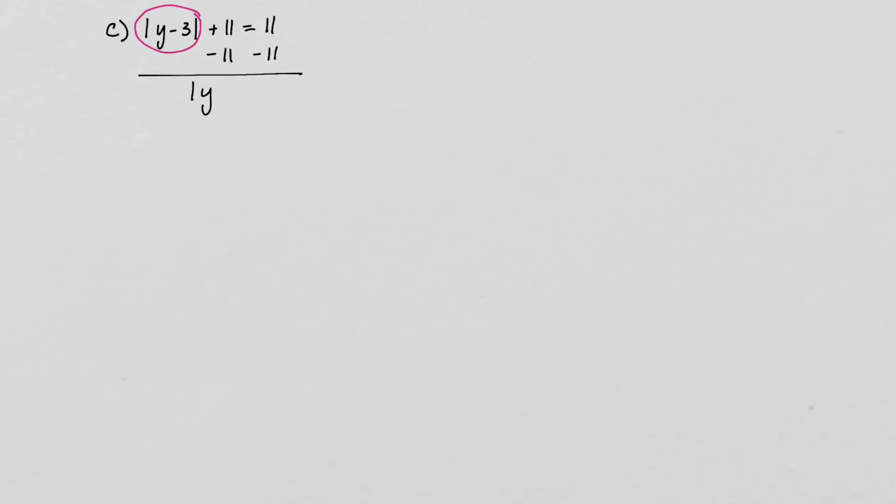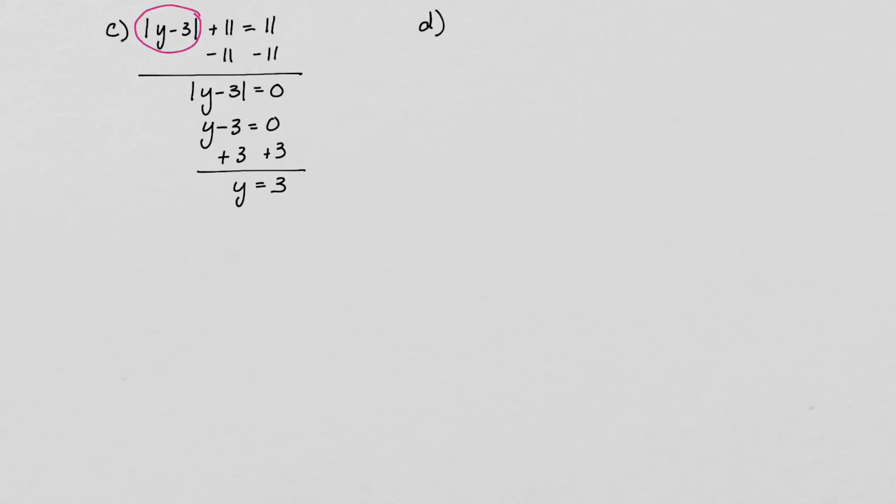So I end up with the absolute value of y minus 3 equals 0. Remember, when it's equal to 0, that just means that the stuff inside, the y minus 3, has to equal 0. Then I'm going to add 3 to both sides to get y by itself. So y ends up being equal to 3. So in this case, you just get that one answer.